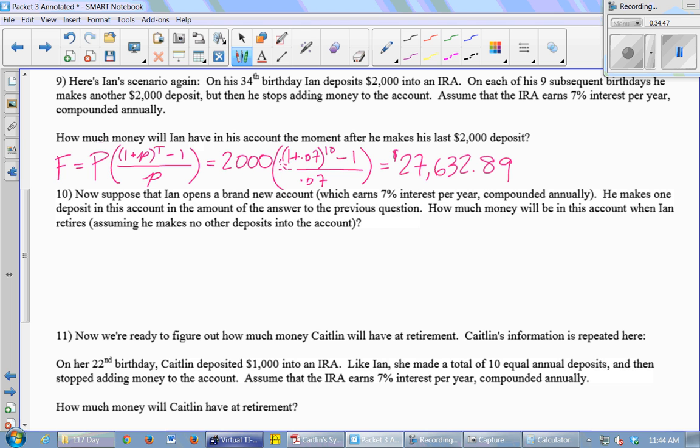7% compounded annually. So the formula for that is 1 plus R over N to the NT. So this is an account that just grows with no deposits or withdrawals. So my P for principal is my $27,632.89.